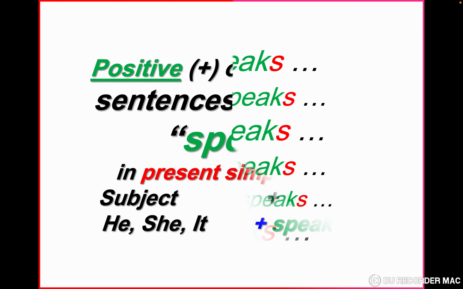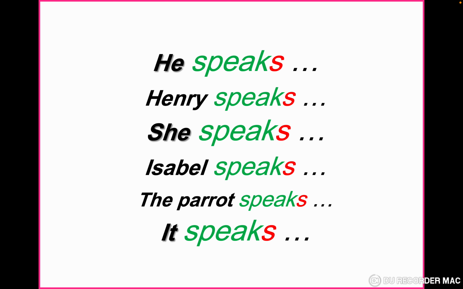Let's continue. So this is the rule. He speaks. If you write "he speak," it's not correct. "Henry speak" is not correct. You need to write Henry speaks. She speaks. Isabel speaks. The parrot speaks. It speaks.